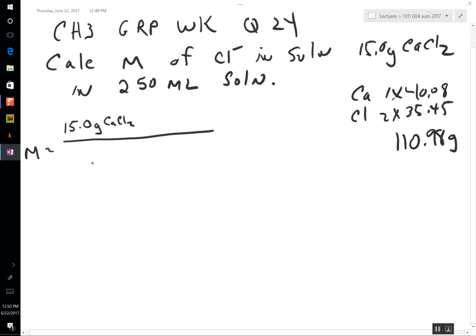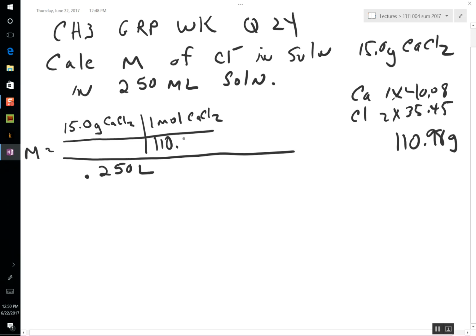Remember, molarity is moles per liter, so in the numerator we want moles, and in the denominator we want liters. Okay, that's going to be the molarity of the calcium chloride.